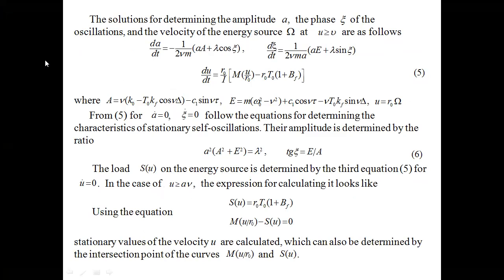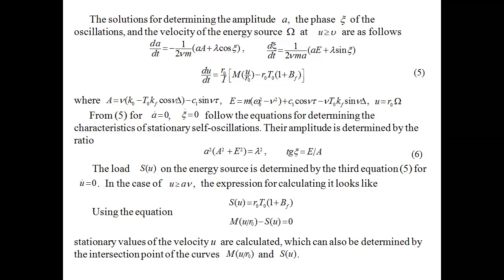The solutions for determining the amplitude A, the phase ζ of the oscillations, and the velocity of the energy source omega at u greater than or equal to V are as follows, 5. Where A, E, and U are given by the indicated relations.